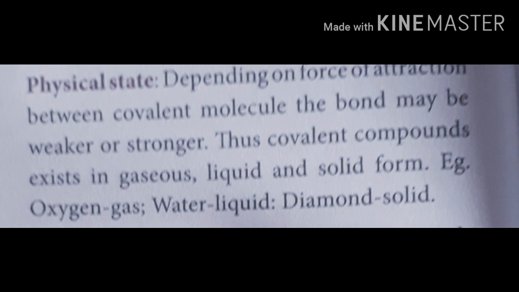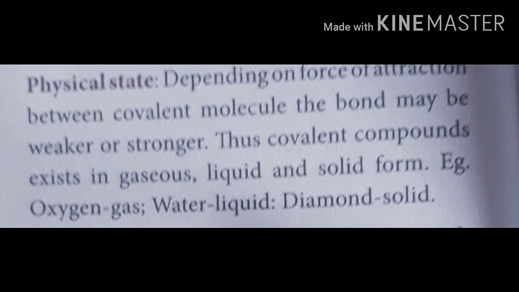The physical state of a covalent compound depends on the force of attraction between the atoms. The bond may be weaker or stronger. Thus, covalent compounds exist in gaseous, liquid and solid states. Depending on the type of covalent bond, it may be a solid, a liquid, or a gas.